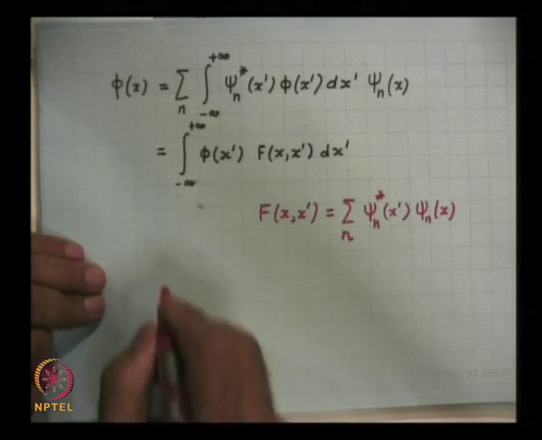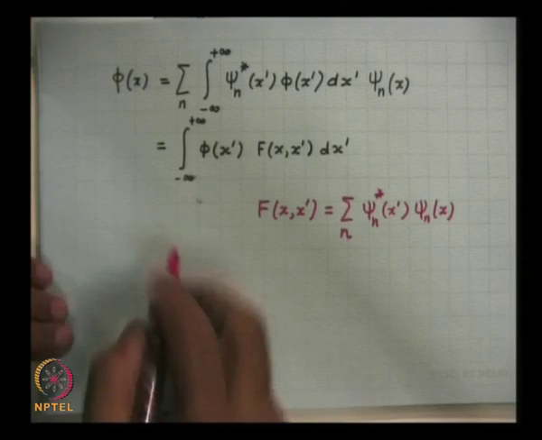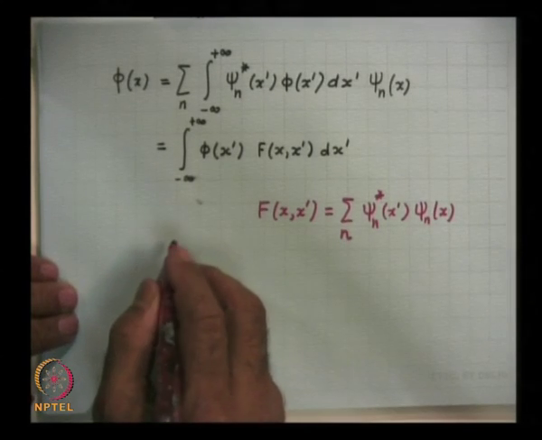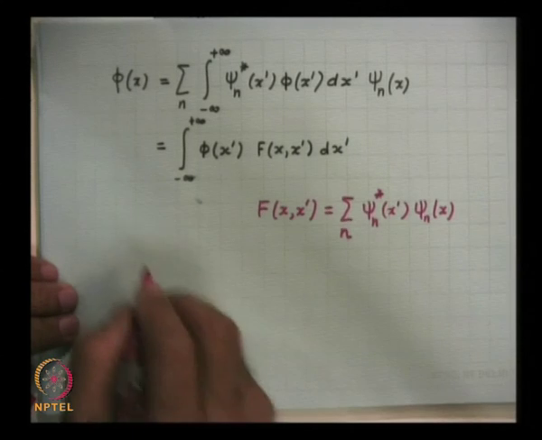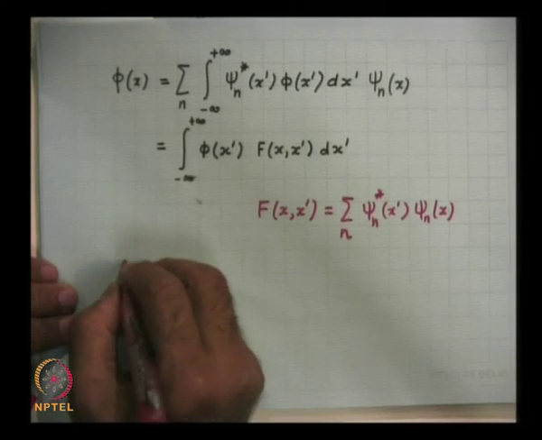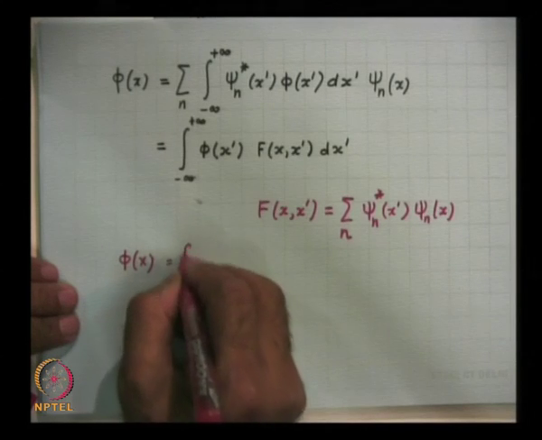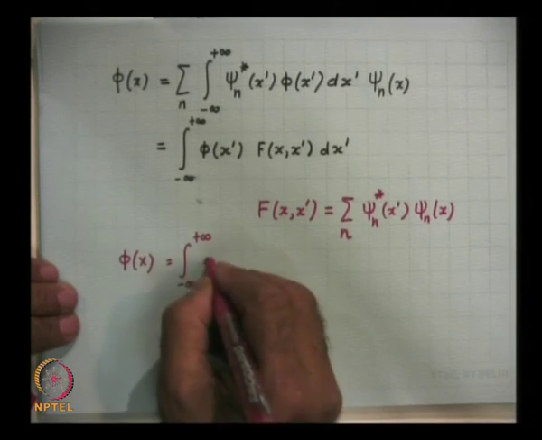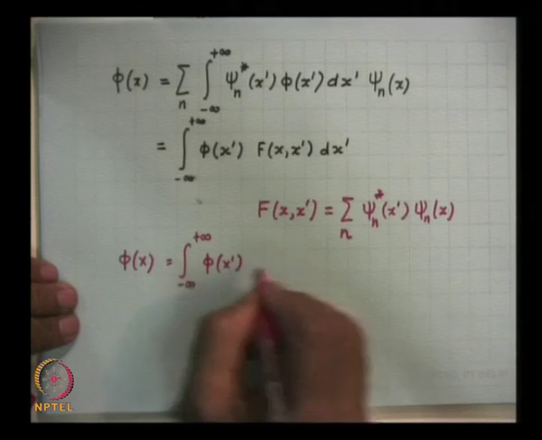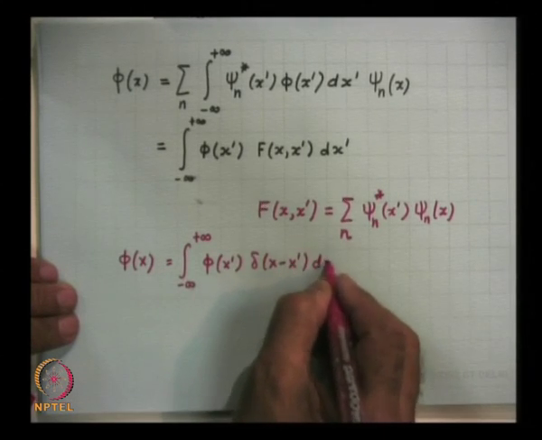If you would recall one of the earlier lectures in which we had defined the Dirac delta function, and that was phi of x will be equal to minus infinity to plus infinity phi of x prime delta of x minus x prime dx prime.